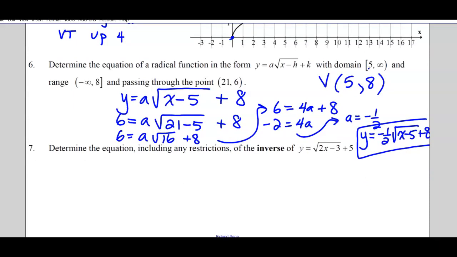Okay, and then 7, find the inverse. So just be careful, right? This is a radical, it's one arm. The inverse, when you square both sides, once you interchange x and y, you're going to get a parabola. So then you have to restrict that parabola to one arm. Okay, so you gotta make sure you restrict it to the correct one. So here, inverse.